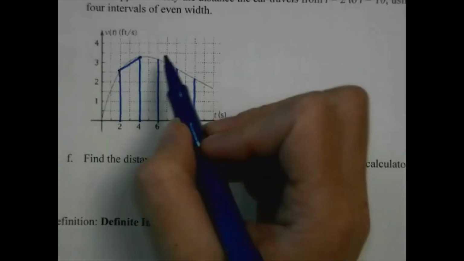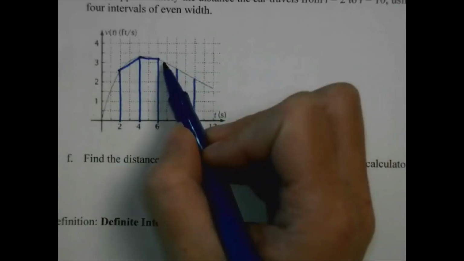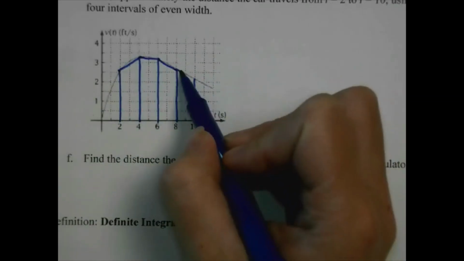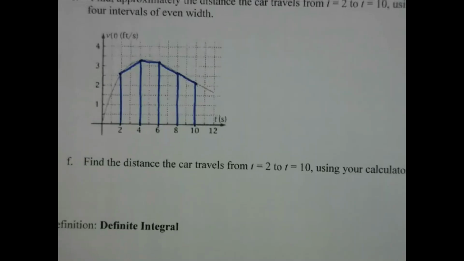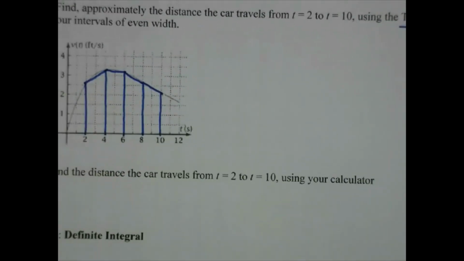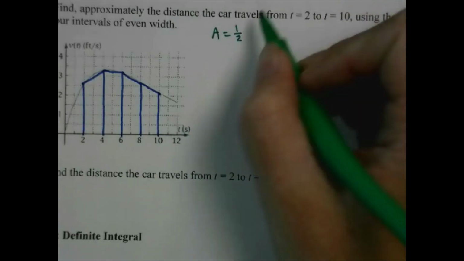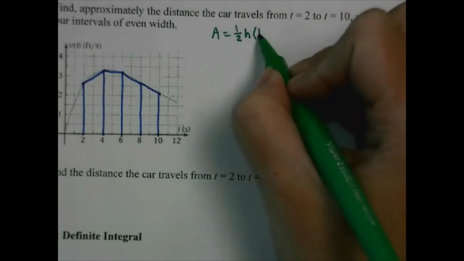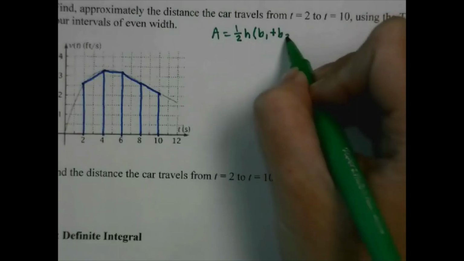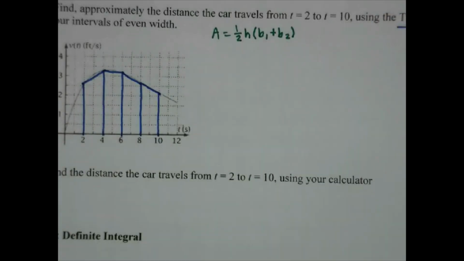So there's our trapezoid from 2 to 4, from 4 to 6, from 6 to 8, and from 8 to 10. Okay, the area formula for a trapezoid from geometry is 1/2 times the height times the sum of the bases.